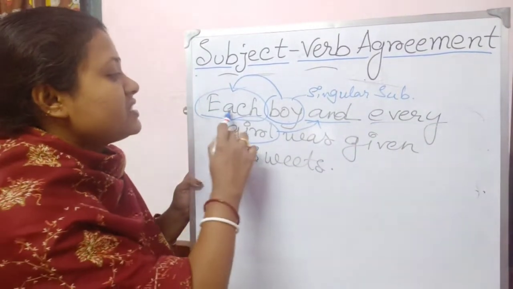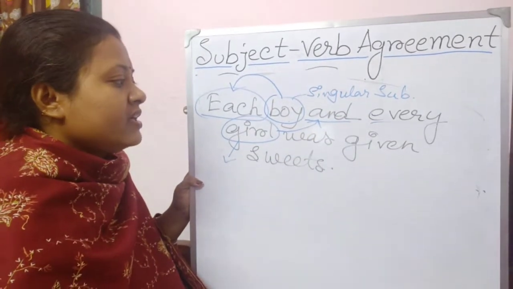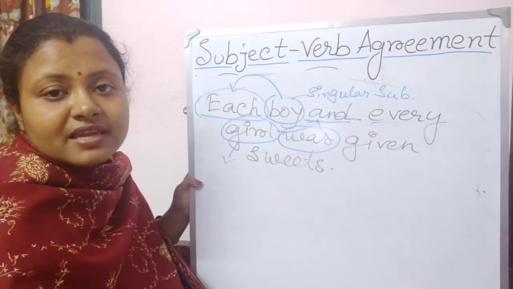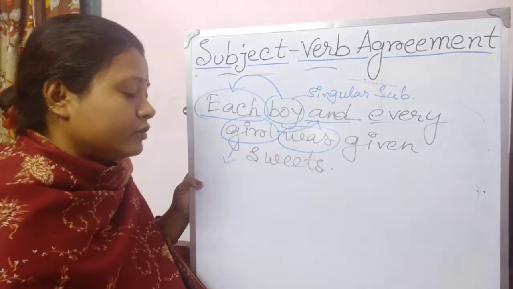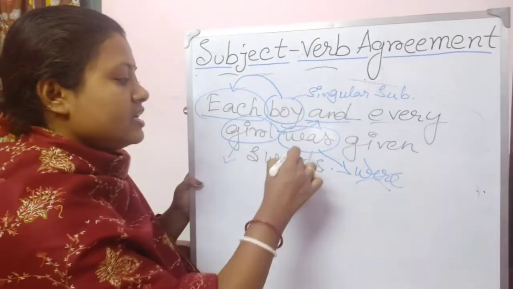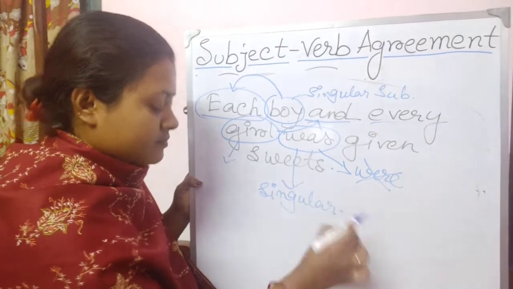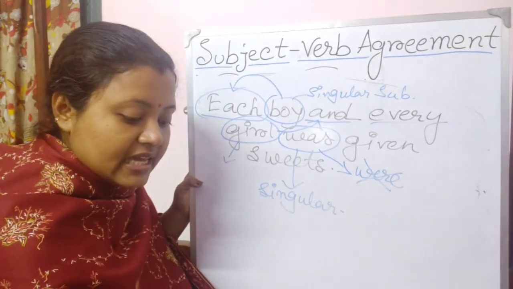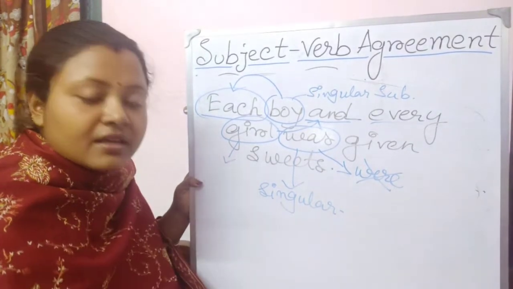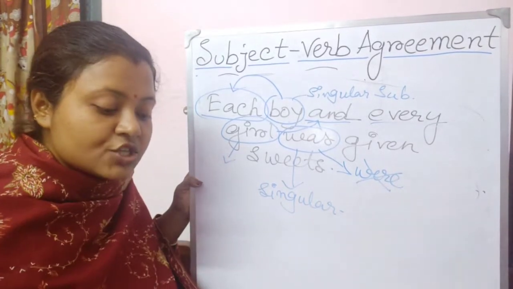If the sentence starts with each boy and every girl, or each girl and every boy, then singular verb will follow. You cannot write a plural verb. The verb will also be singular. For example, if I say each day and each hour brings its duty.